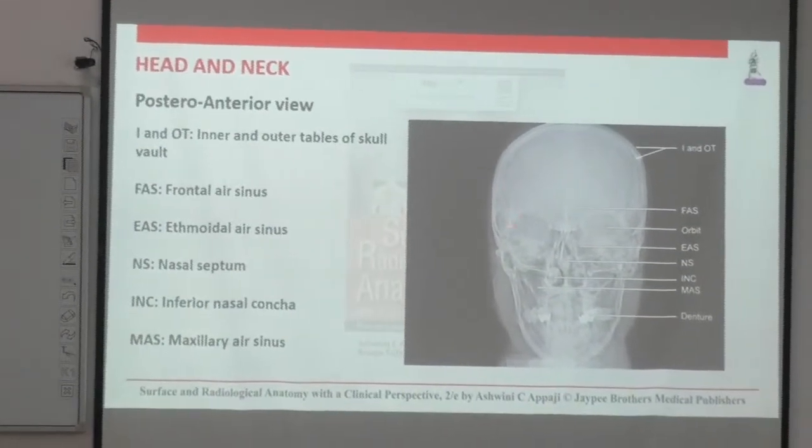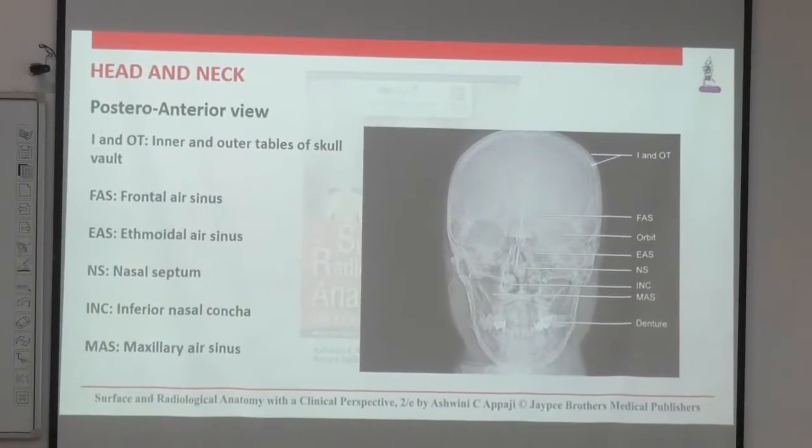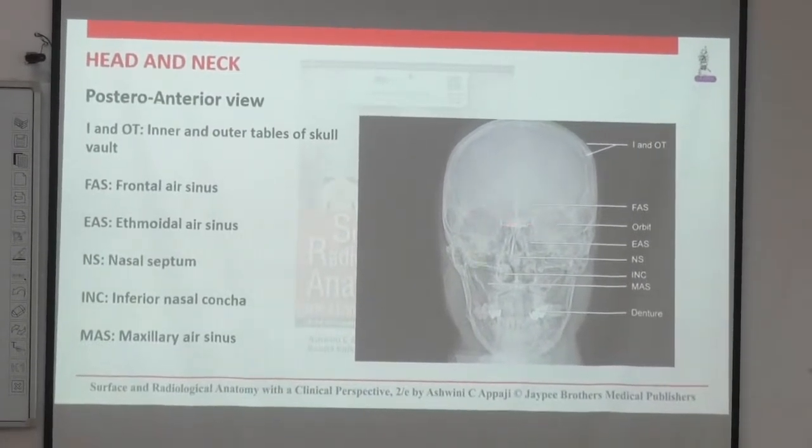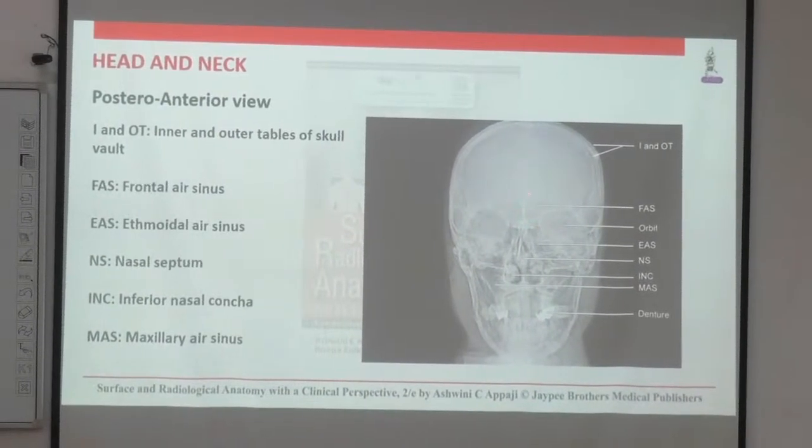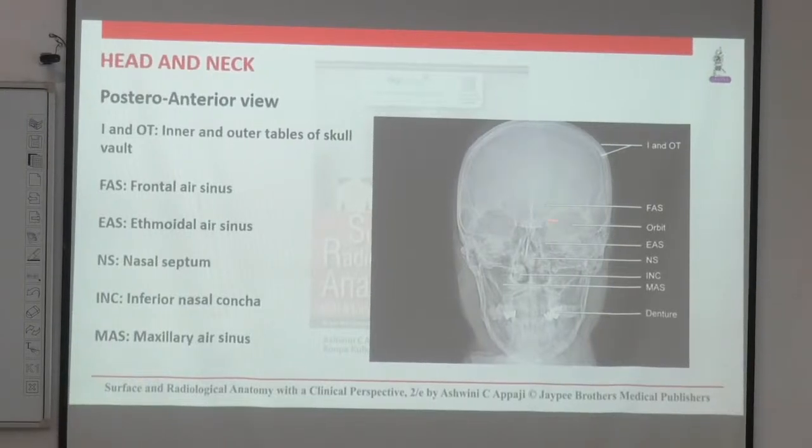So this is the frontal bone seen here. In this frontal bone, on top of the nasal bone, you see a little bit blackish shadow coming out here. This impression is caused by the presence of an air sinus in the frontal bone. We call it the frontal air sinus.